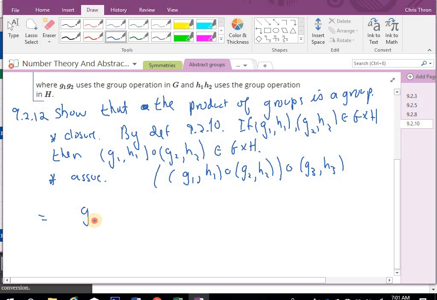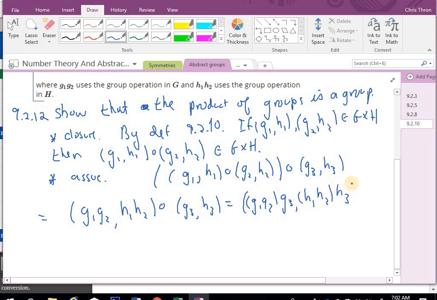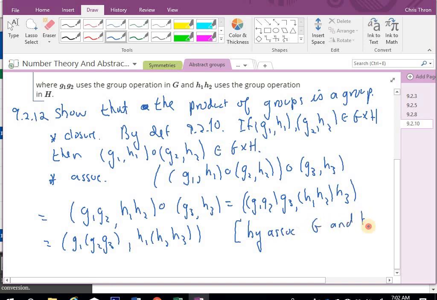It's equal to (g1 g2, h1 h2) circle (g3, h3), and that's equal to (g1 g2 g3, h1 h2 h3), and that's equal to, now I can use the associative property on the individual groups, so that's equal to (g1 (g2 g3), h1 (h2 h3)), and this is by the associative property of G and H.